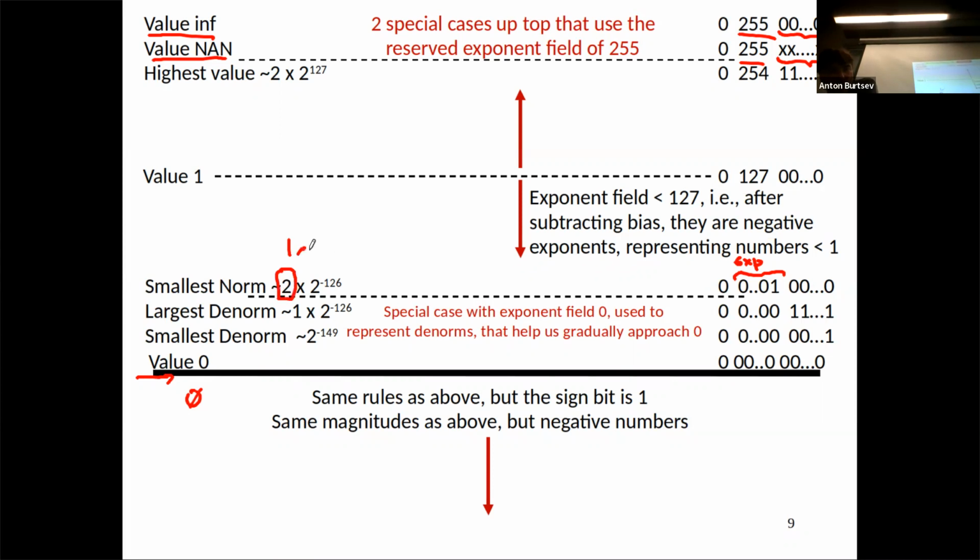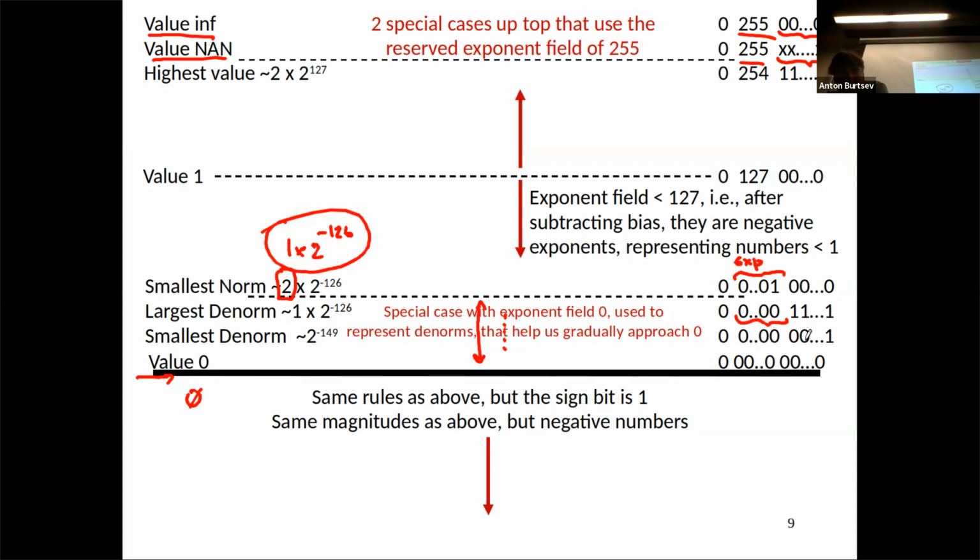1 point 0 times 2 to the power of negative 126, right? However, you say, look, if I'm losing all those numbers in the neighborhood of zero, right? Because in normalized form, this is the smallest number I can represent, you still have a bunch of numbers close to 0 for which you don't have a representation. And those guys came up with yet another exception for this representation. They said, okay, we can also have denormalized numbers, which are essentially when your exponent is all zeros, right?